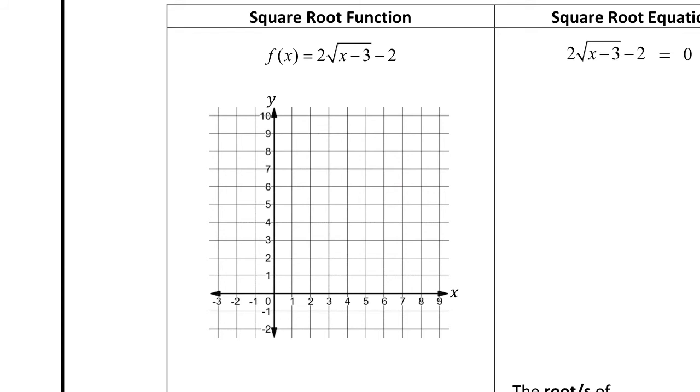So we know a couple of things, for example, we know that the x minus 3 means that we're going to go to the right 3. The minus 2 means that we're going to go down 2. Let's see, do we remember what the 2 means over here? This was an expansion.